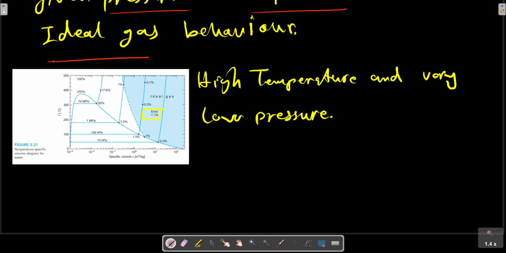For pressure, for example this point, the pressure is below 10 kilopascals, and high temperature, for example this point.